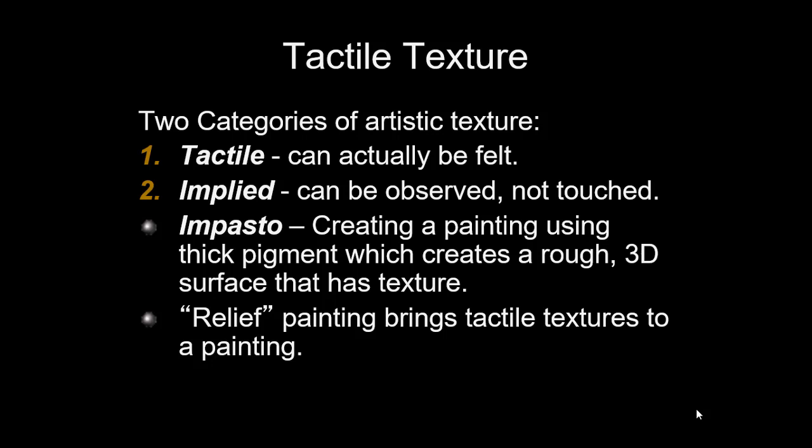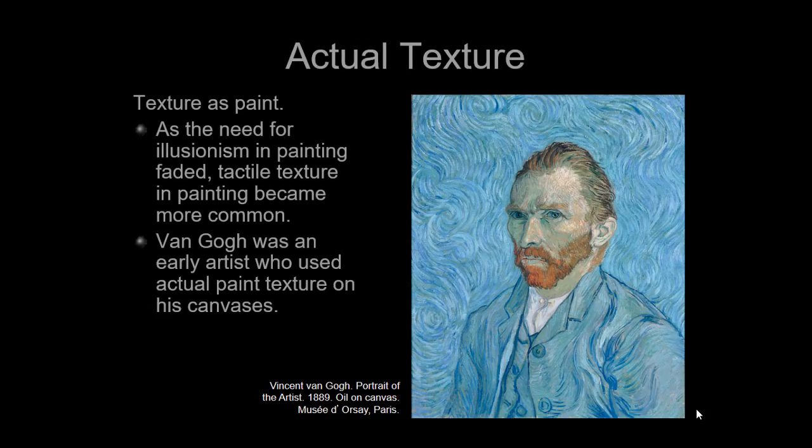If you paint, you'll see the little textures created by the bristles on the brush, that's a type of relief texture. And let's look at this work here. Vincent van Gogh, Portrait of the Artist, 1889, oil on canvas.